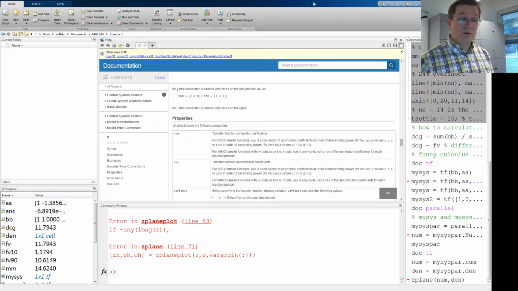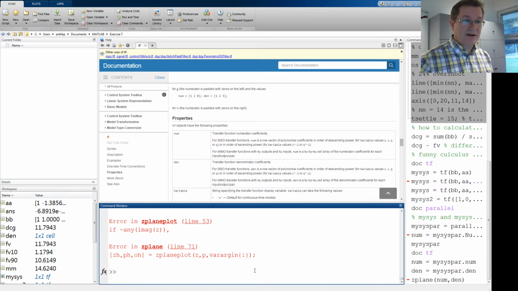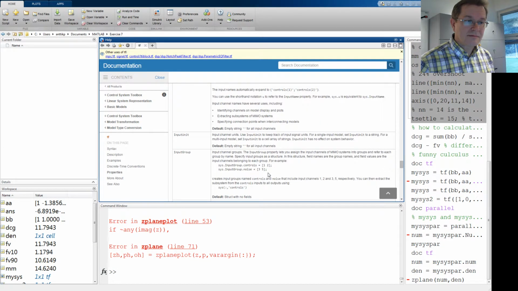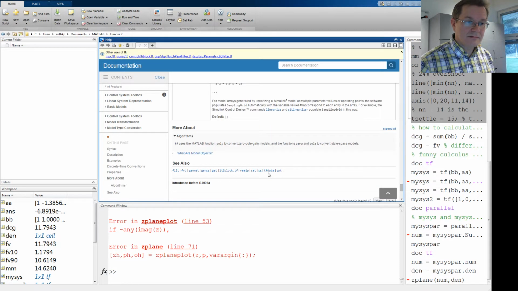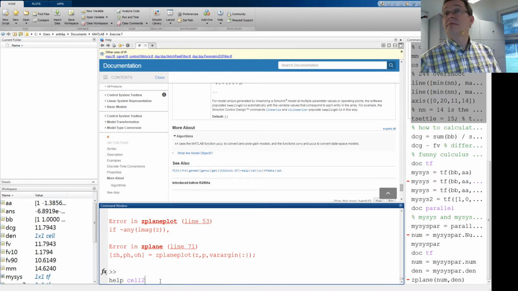So, oops, what happened? Yeah, of course, they are cell variables. I hate when that happens. Yeah, I think there's supposed to be something like this. Let's see, help. Cell to array. Cell to array.